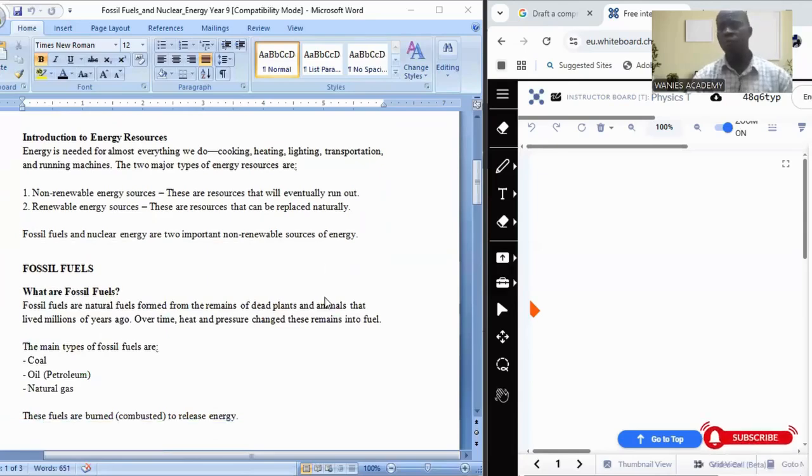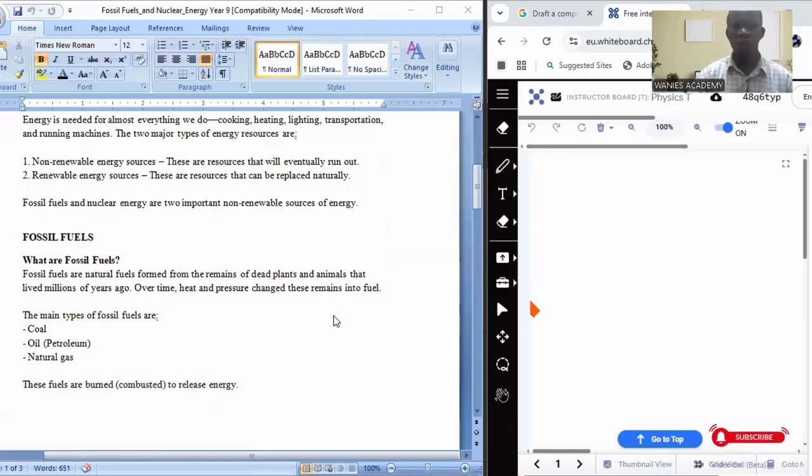Now, let's quickly go into fossil fuel. What do you understand by fossil fuel? Fossil fuels are natural fuels formed from the remains of dead plants and animals. These dead plants and animals have been existing over millions of years.